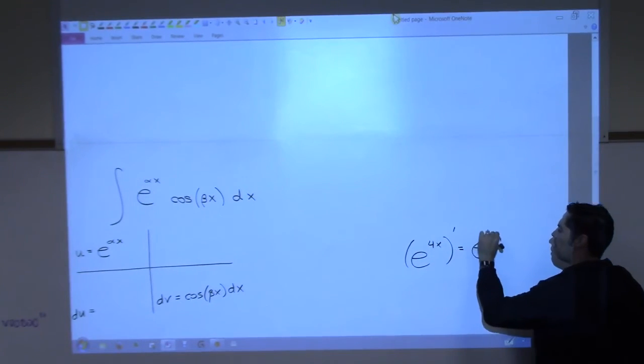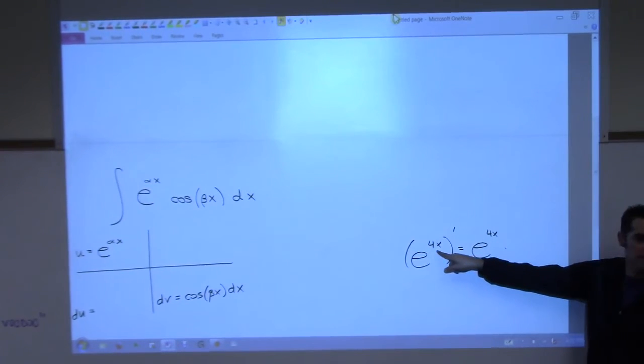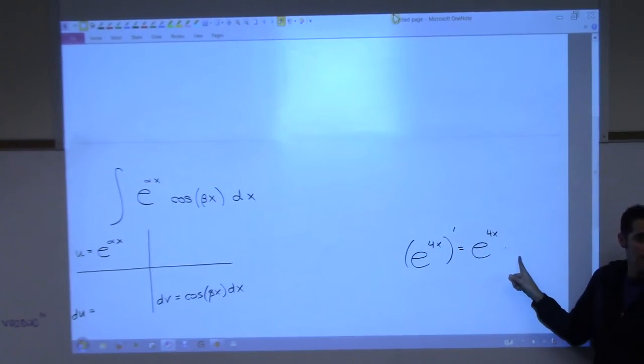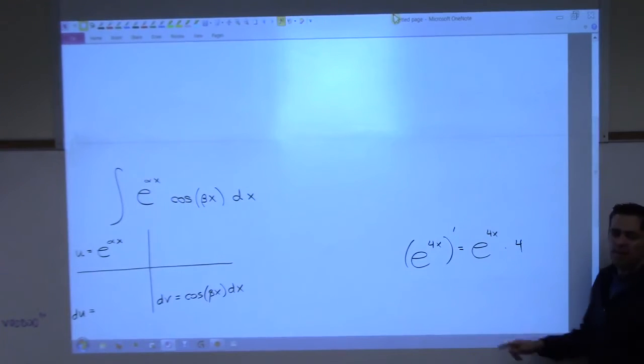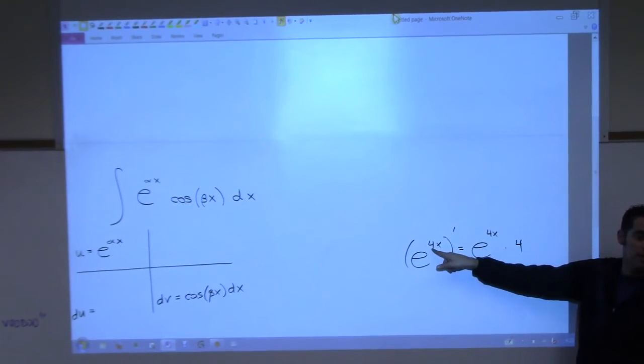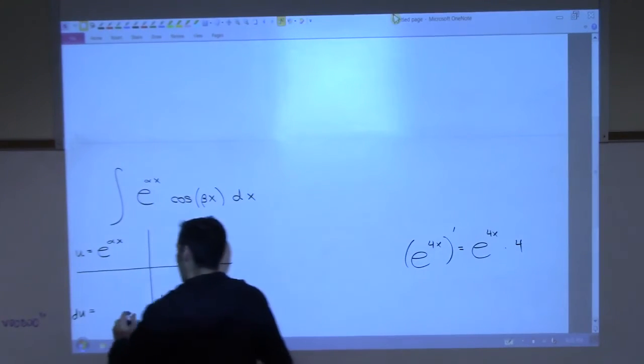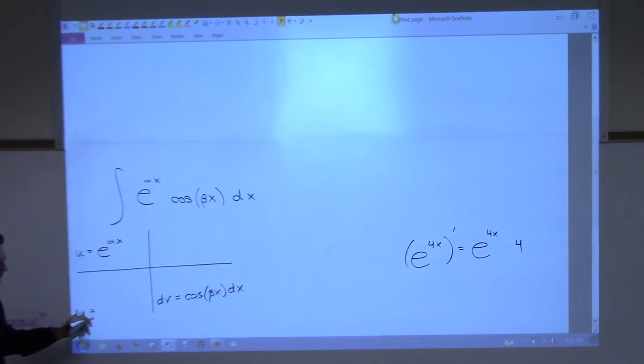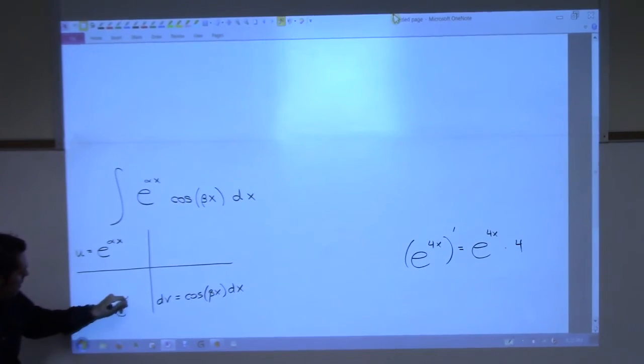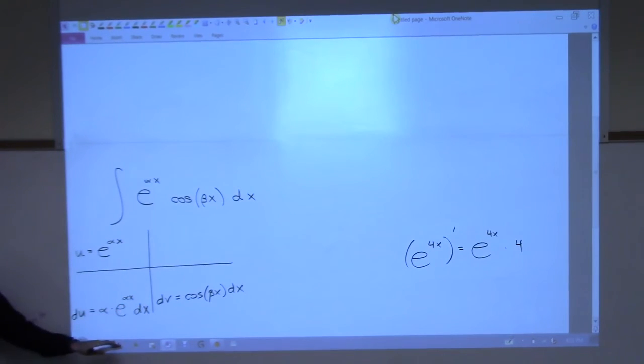You say itself, times the derivative of what's up here, which is 4. Derivative of 4x is 4. But instead of me giving you a number, I'm saying it's alpha. So the alpha is going to pop out when we take the derivative. So I'm going to put it in front: alpha e to the alpha x dx. Everybody follow? That's the derivative of e to the alpha x.